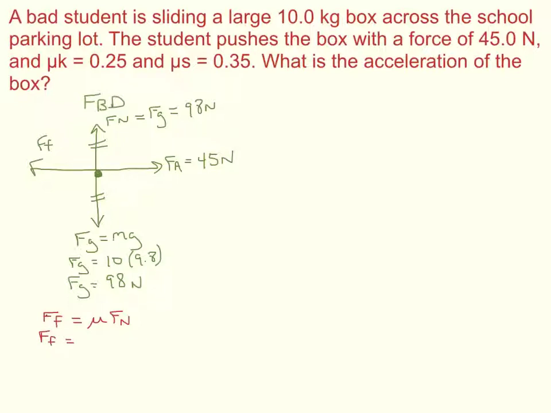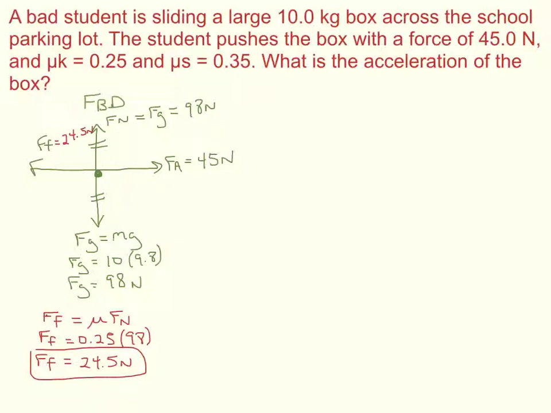So don't add those two things together, mu s and mu k. Don't average them. Choose one or the other. Mu k in this case is 0.25. The normal force, we already figured out, is 98 newtons. If I multiply those two things together, I get 24.5 newtons. Okay, there's friction. 24.5 newtons. That's friction.